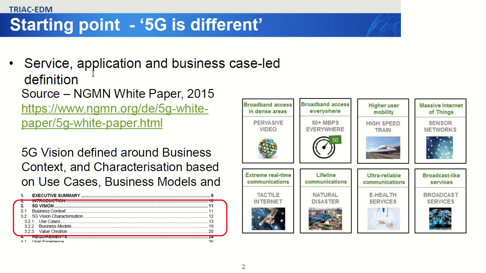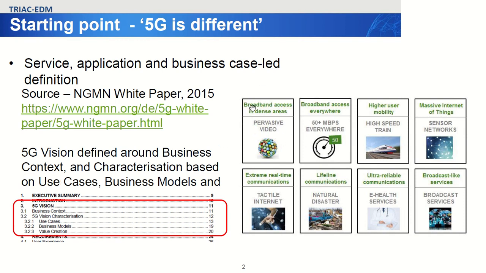There is an NGMN white paper describing the demand for 5G with details. And the 5G vision is defined around business context and characterization based on use case based models.